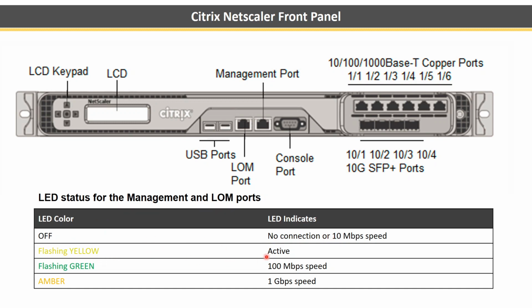If it is flashing yellow, it is active. If you see green here, it means the other end is connected to a 100 Mbps switch, so a 100 Mbps port. But if it is amber, which is close to orange color, then it is 1 gig. The other end is connected at 1 gig.